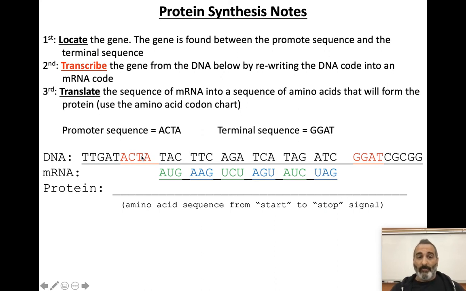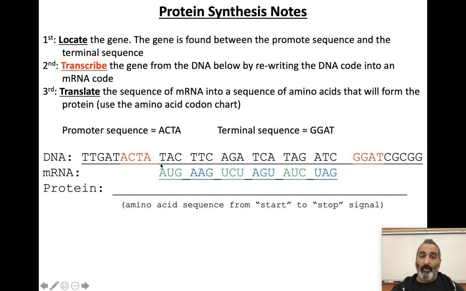Okay, so we have our promoter sequence, we have our terminal sequence. What's between there? This is our gene. Our gene is between TAC and all the way to ATC. This is our gene. And they are read in groups of three. They're called codons. AUG is a codon, AAG is a codon, UCU is a codon, AGU is a codon, AUC is a codon, and UAG is a codon.